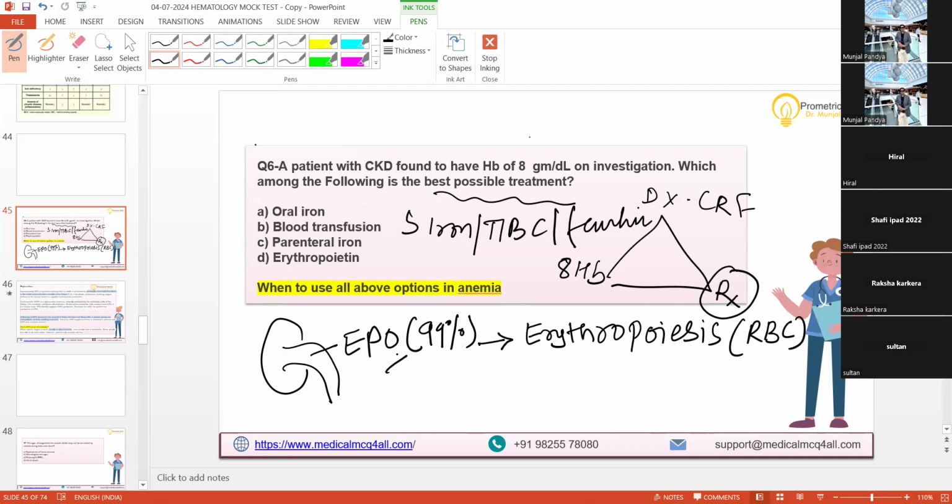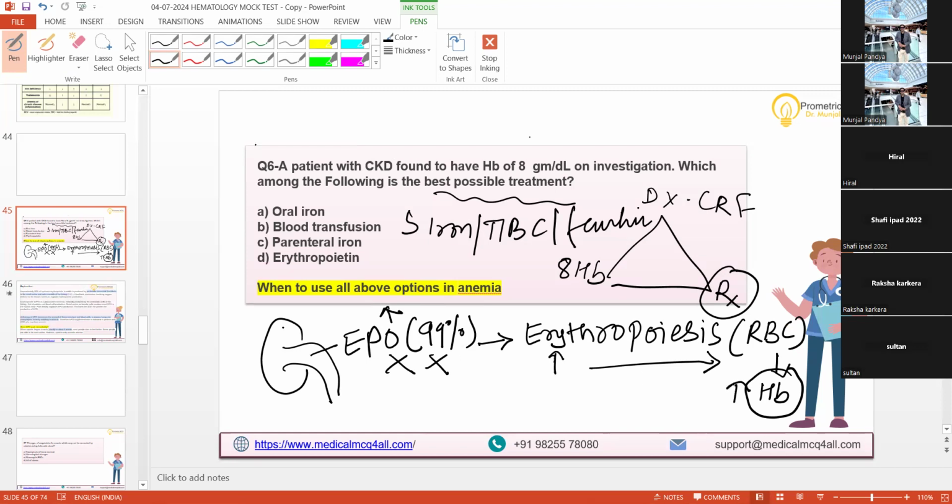So what happens when the erythropoietin is not there? RBC will not form, hemoglobin will not form, so this patient becomes anemic. So your basic goal is to improve the erythropoietin level, which improves the erythropoiesis, which improves the hemoglobin.